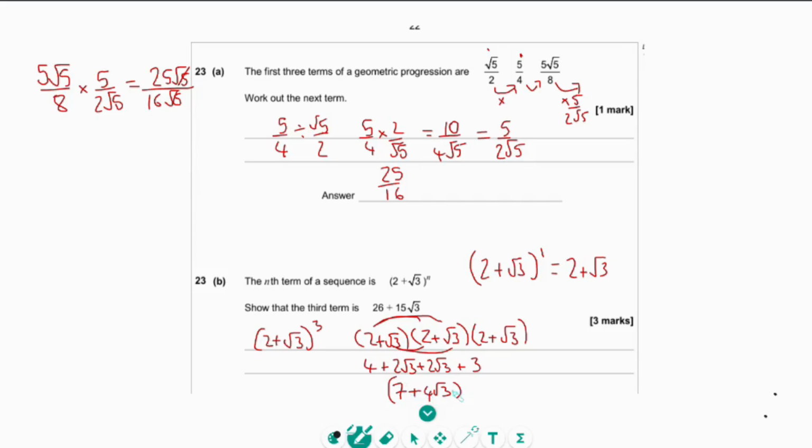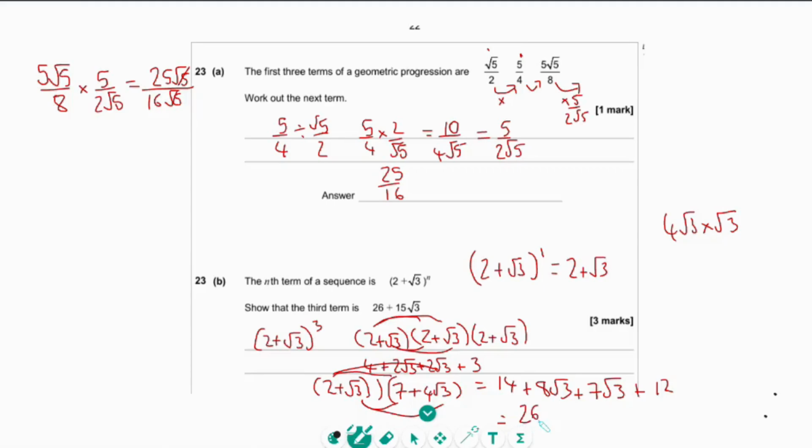But I just need to multiply this by 2 plus root 3, which gives me 14, plus 8 root 3, plus 7 root 3, plus 4 root 3 times root 3. Root 3 times root 3 is 3, times 4 is 12. So that simplifies to 26 plus 15 root 3.